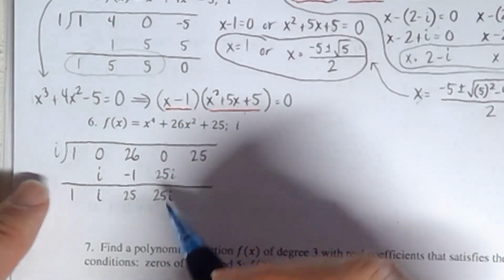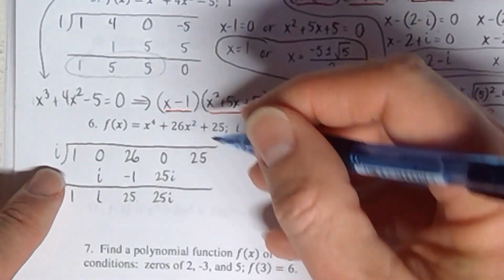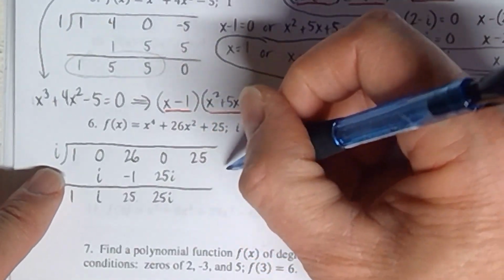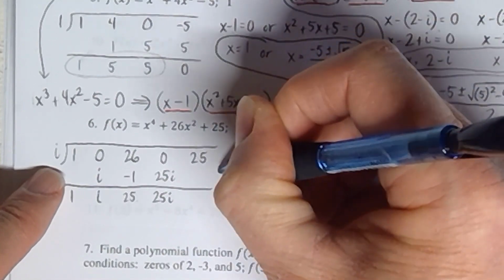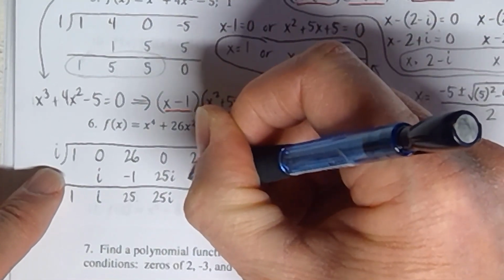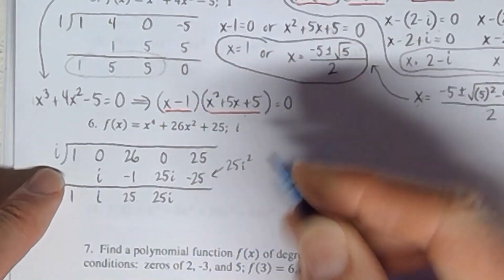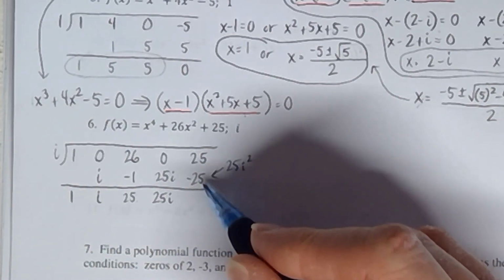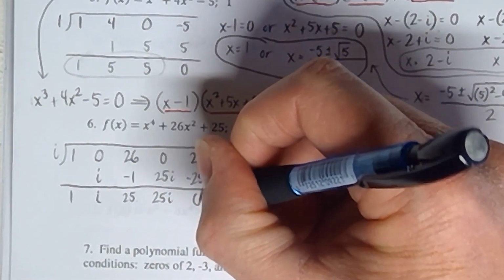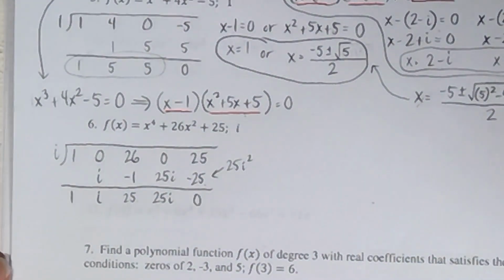And then finally, 25i times i is equal to 25i squared. But 25i squared, isn't that the same thing as 25 times negative 1, because i squared is negative 1, which makes it negative 25. Which then, when we add it together, is going to give me that 0 remainder I want.